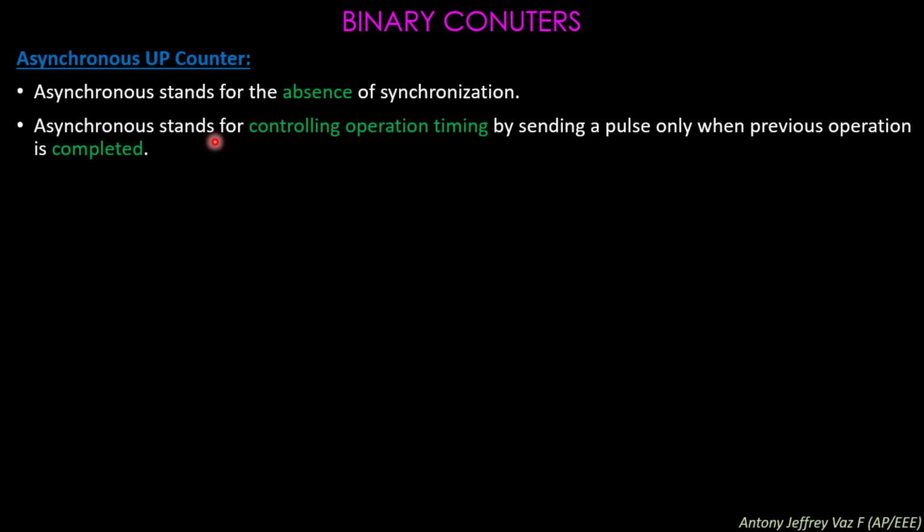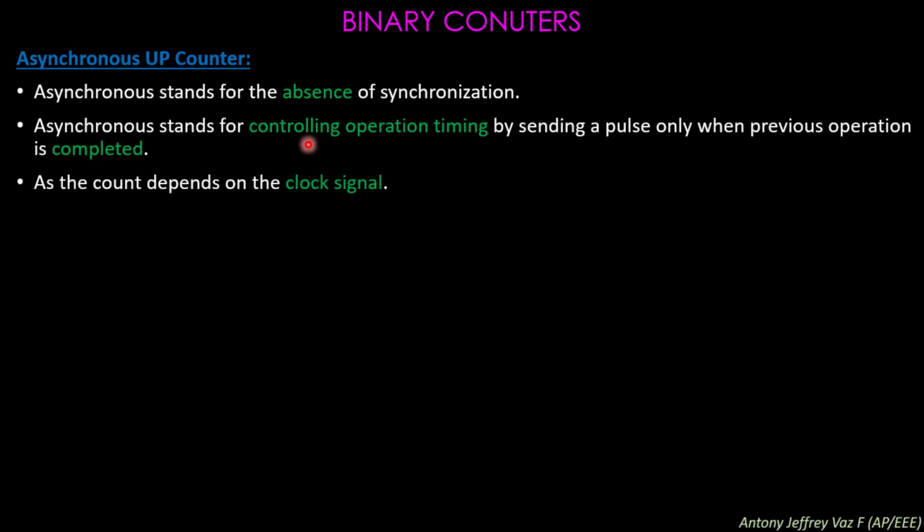The other flip-flops are going to be driven by the other flip-flop. So the controlling and operation timing of the flip-flop is controlled, and if the work is completed, you can apply the next clock pulse. If the work is not completed, you can wait till the work is completed.